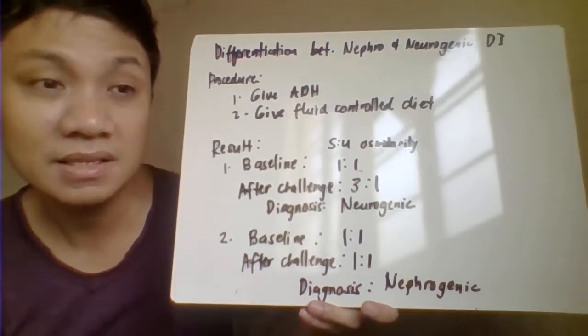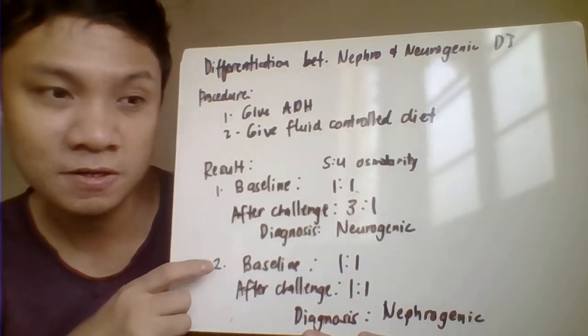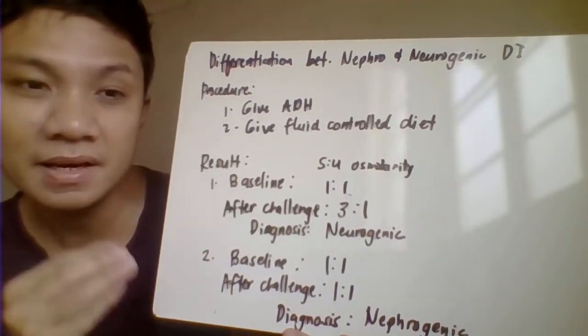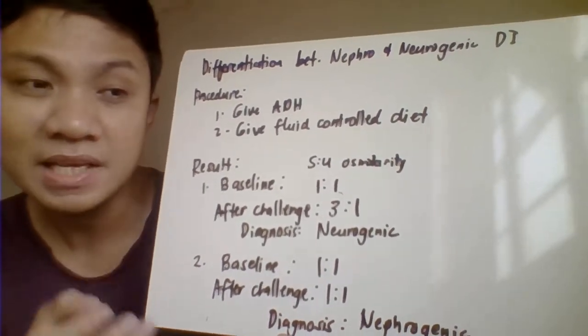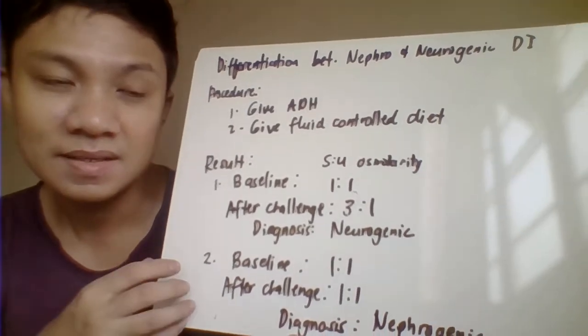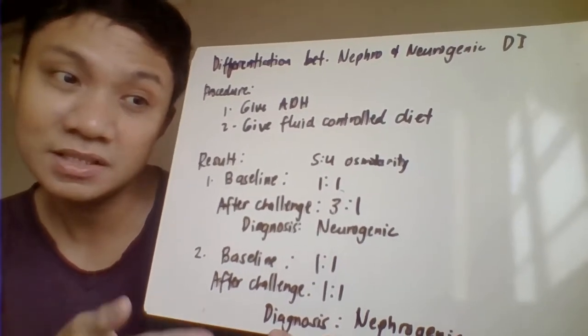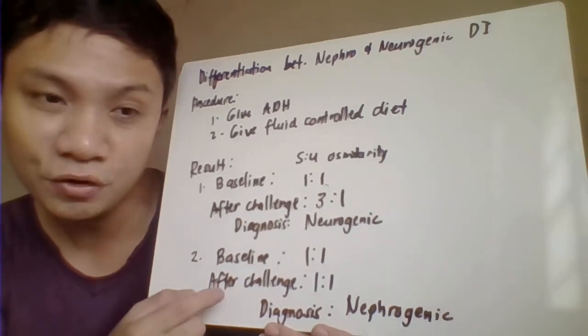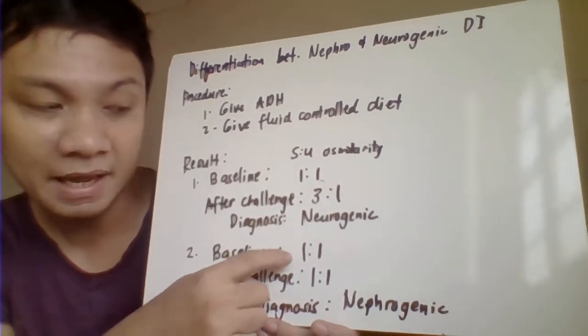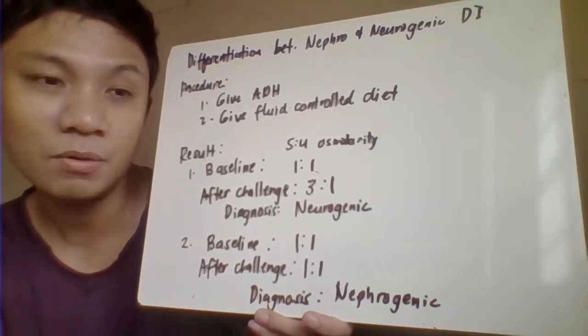Remember, in the nephrogenic DI, you have a normal ADH production. Kaso nga lang, hindi siya nagre-reabsorb, mean to say hindi siya functional is because hindi siya nag-respond o hindi siya nagbabind sa kanyang receptor sa collecting ducts. You have ADH pero hindi siya nagpa-function. That's your nephrogenic. Kaya before challenge and after challenge, ganun pa din siya, walang reabsorption ng water.